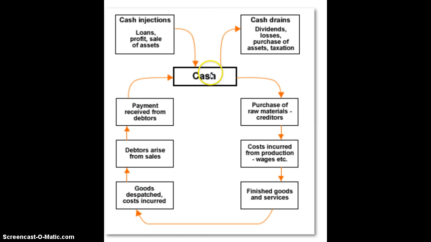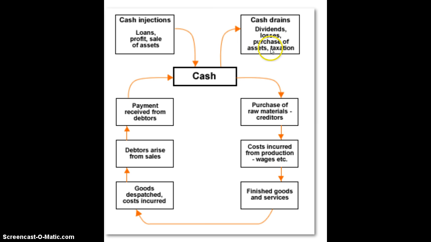You can see that the arrows going out of cash mean the cash that is being lost, and the arrows going into this box are money that's adding more money, right? So you can see cash drains and cash injections. Cash drains are basically anything that is a so-called loss, and we already talked about dividends and taxation.